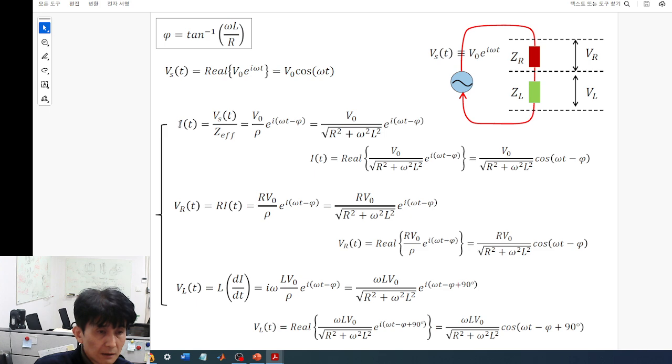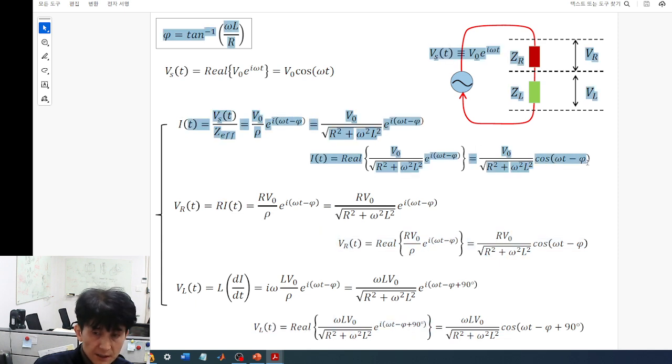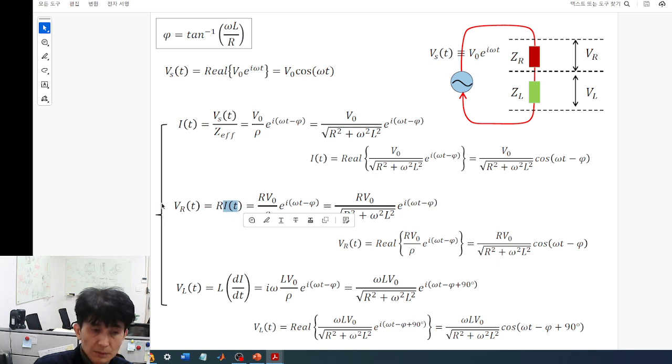Then the voltage across a resistor is just ZR times I(t), V equals IR. So we have the impedance of the resistor times the current. This is the one we have just calculated on the previous page. So we just multiply R with the I(t) here.